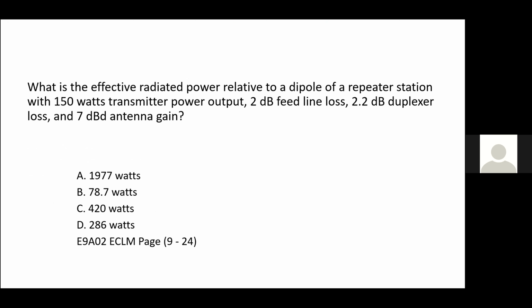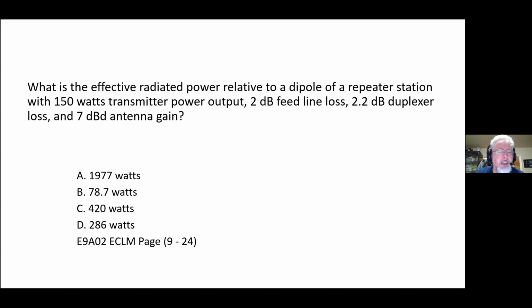What is the effective radiated power relative to a dipole of a repeater station with 150 watts transmitter power output, a 2 dB feed line loss, a 2 dB multiplexer loss, and a 7 dBd antenna gain?